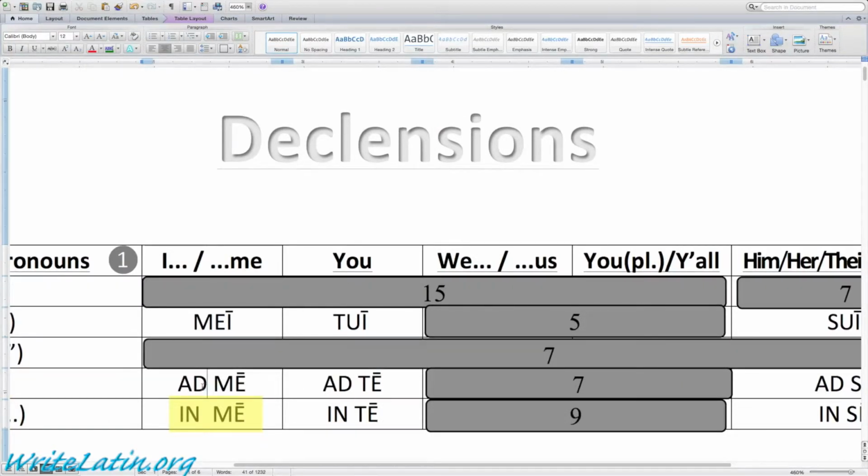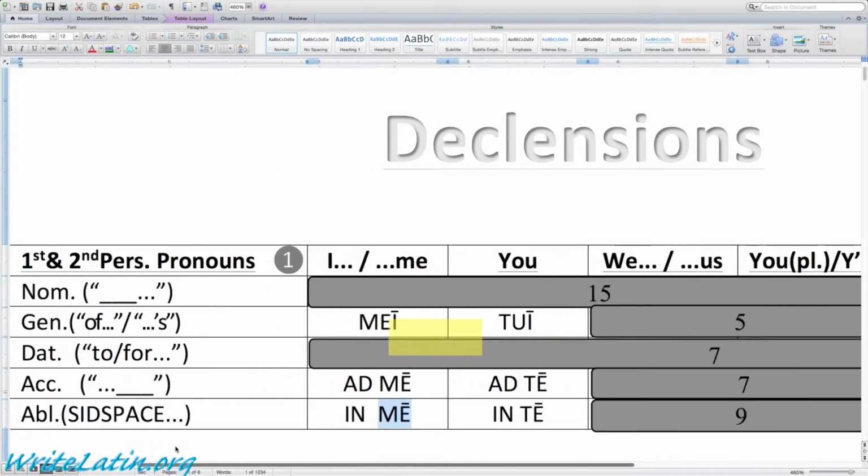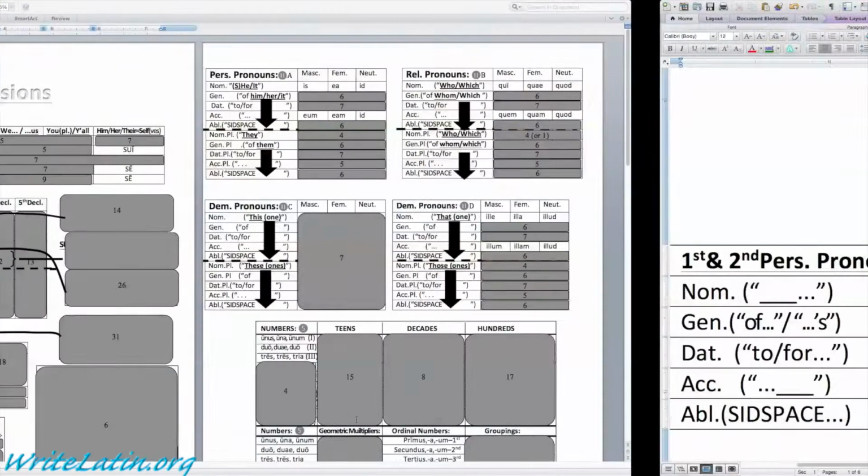So here you have examples of two prepositions, one of which takes an accusative, and the other of which takes an ablative. So if you forgot which ones take which, well, the sid space prepositions take an ablative. Anything else, like ad, will take an accusative. So the only sid space preposition we know so far is in, which stands for in. That was in your previous video.